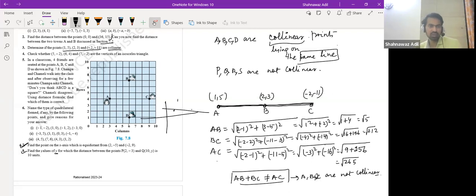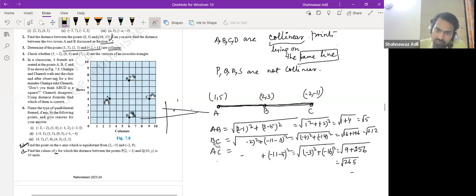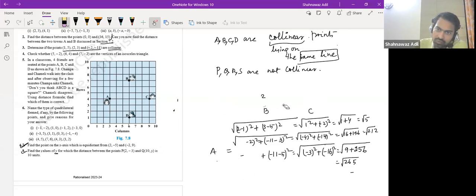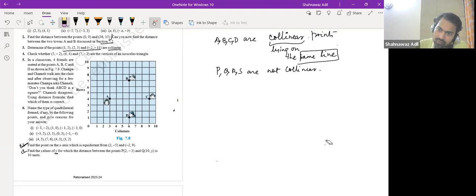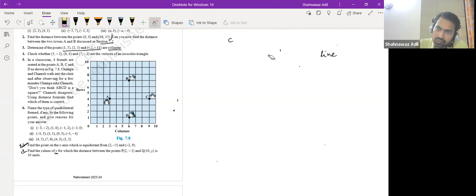Okay, so now let us do the fourth question. Determine whether the given points are the vertices of an isosceles triangle or not.